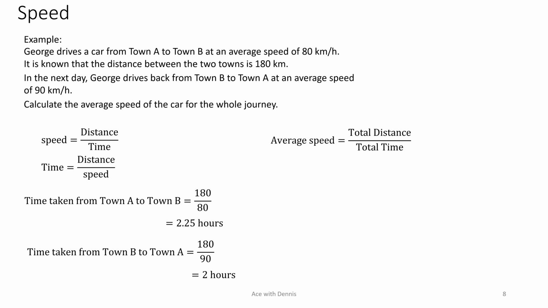Hence, we can calculate the average speed, which is total distance over total time. The distance is 180 plus 180 kilometers. The time is 2.25 plus 2 hours. Then we get the answer of 84.7 kilometers per hour, rounded off to 3 significant figures.